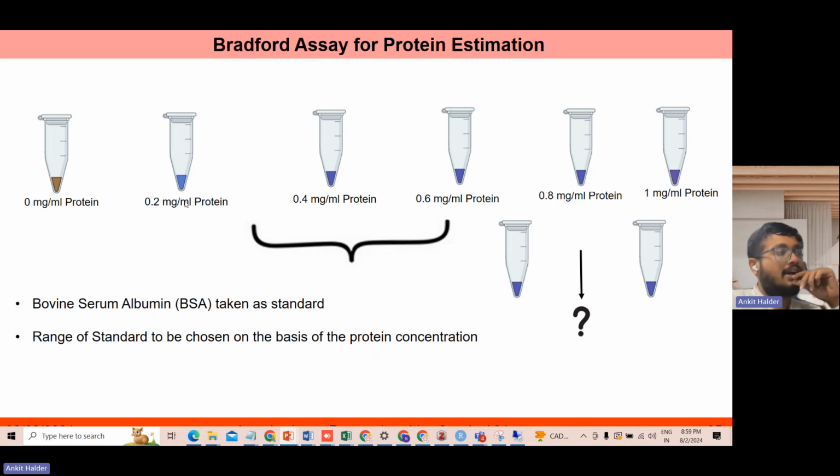Then we keep adding our proteins, and the maxima gets shifted. Again, you need a standard protein for making the standard curve that will give you the estimation within the range in which we can estimate the unknown concentration of the protein, and the range of standards needs to be chosen on the basis of the protein concentrations.